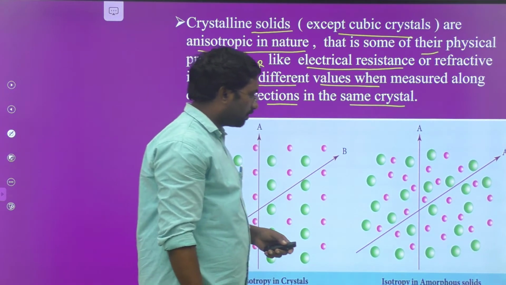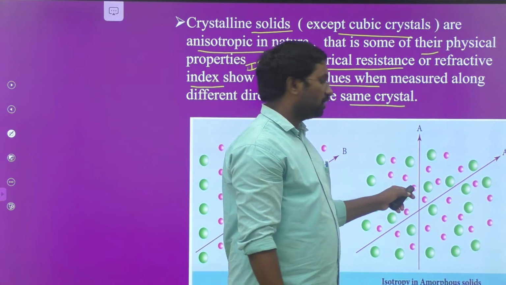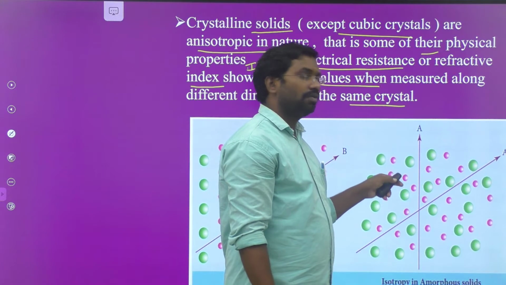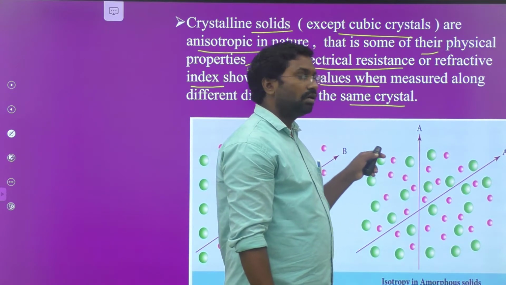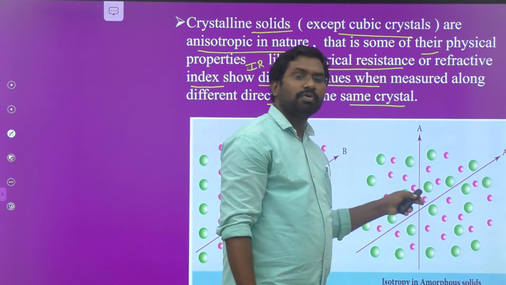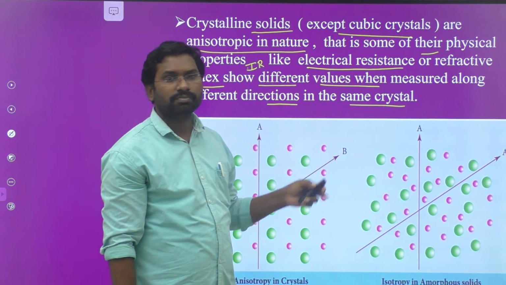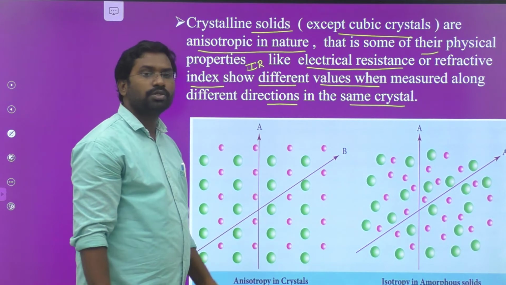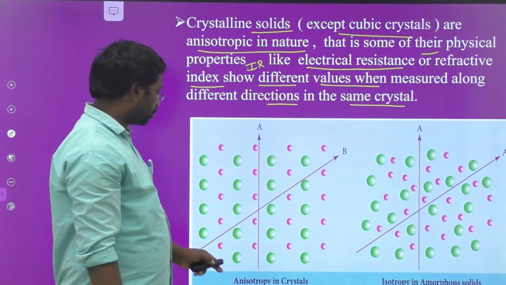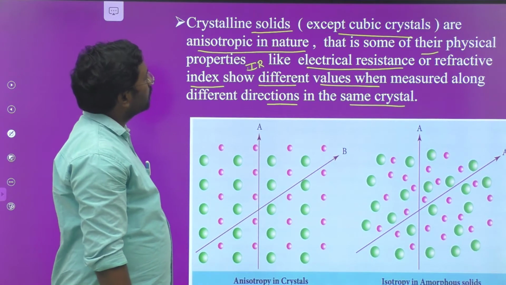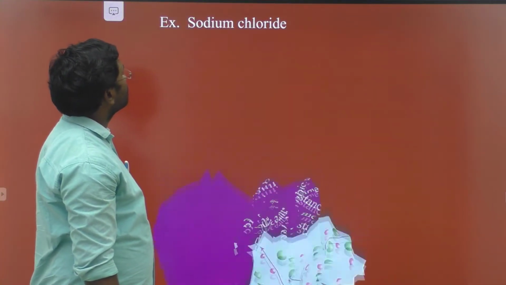In the case of amorphous solids, when we calculate physical properties of these substances, like refractive index or electrical resistance, it gives the same value in all directions. So this is the difference between anisotropic and isotropic nature: anisotropic nature in crystalline solids and isotropic nature in amorphous solids.